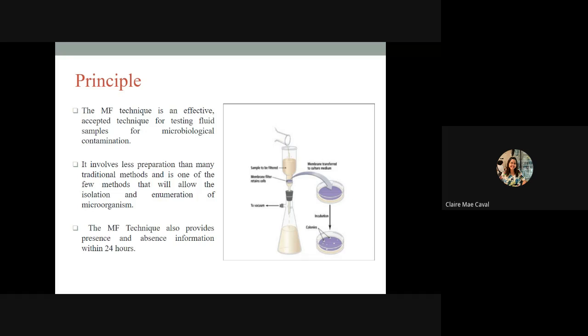A lot of water testing laboratories, they still use multiple tube fermentation technique. Kaso nga, yung multiple tube fermentation technique requires a lot more preparation than your membrane filtration technique. This involves less preparation and is a way easier method than the other methods for water testing.